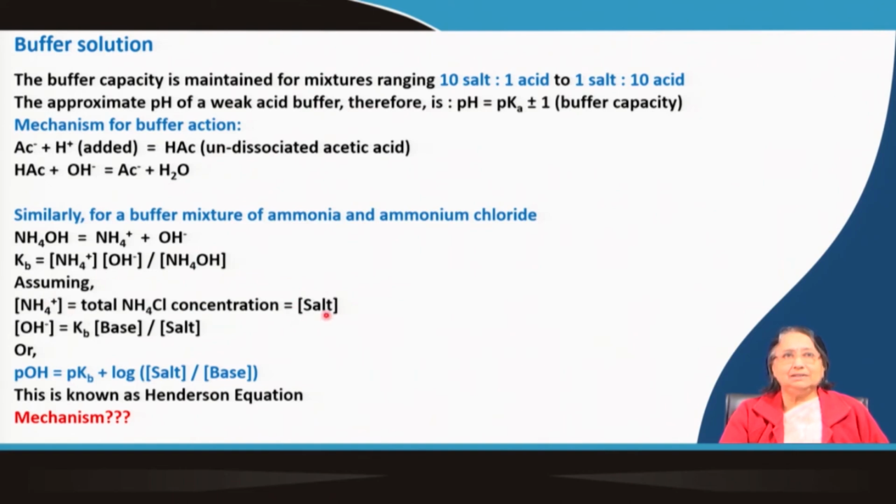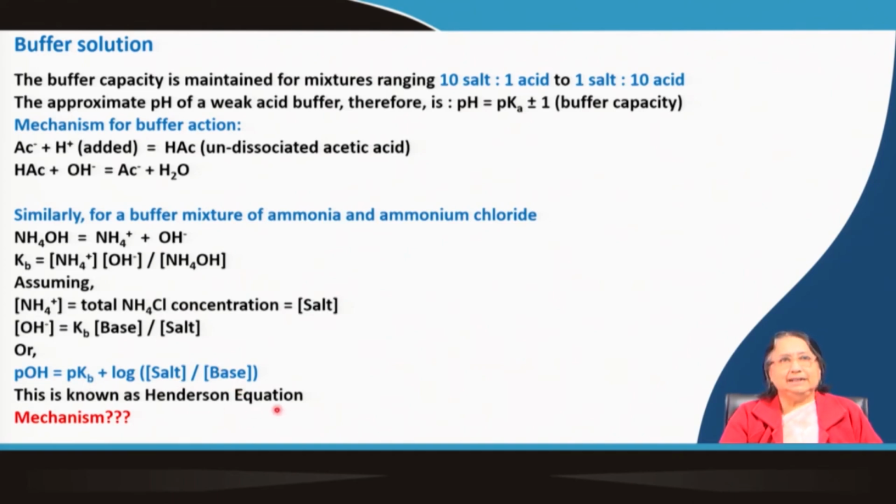So, it is the salt concentration, and for OH minus concentration we apply a similar, not the same, equation as we applied for an acid. In this case, it will come in terms of Kb and in terms of pOH. So, pOH equals pKb plus log of salt by base.